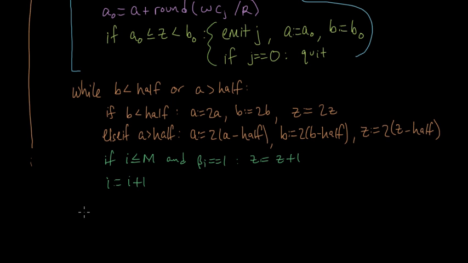Very good. And now we have to do the other type of rescaling. This was when we were in the lower half or the upper half, and we have our quote-unquote middle type of rescaling that we have to consider.